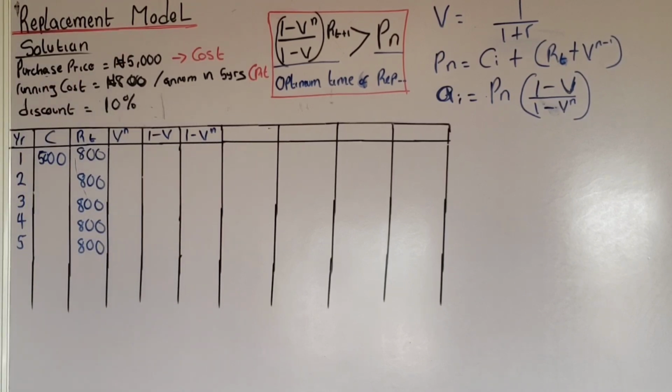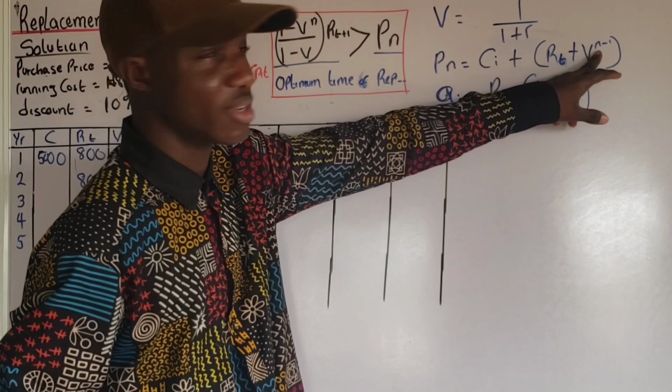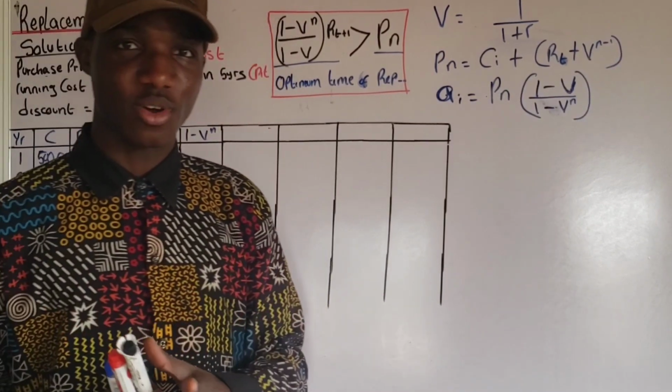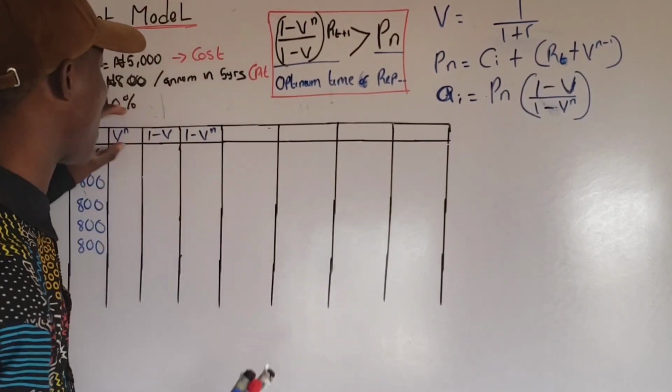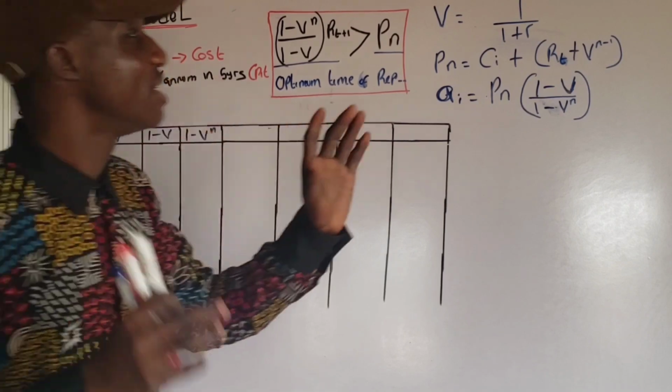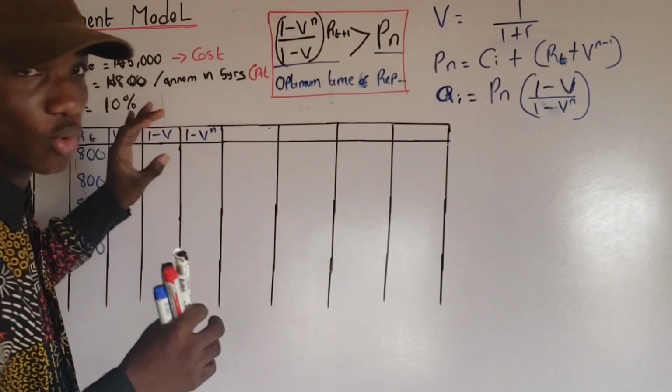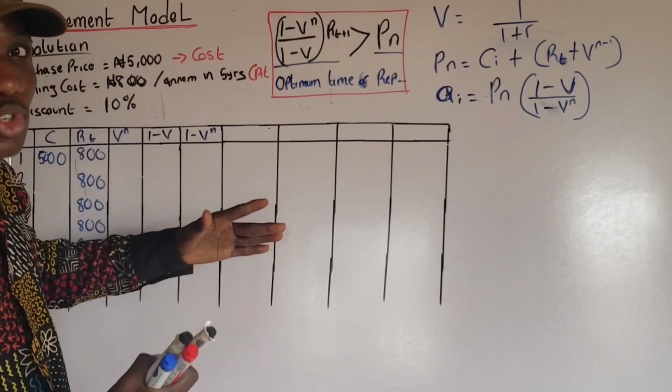Okay? Now, for the next column, we are going to have v raised to the power of n minus 1. Don't worry about the arrangement of what you have on the column. Just make sure that the goal is to have all these things that you have here on your table. You understand?